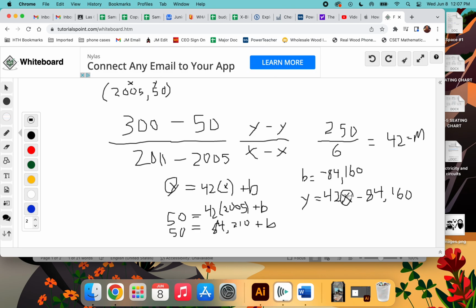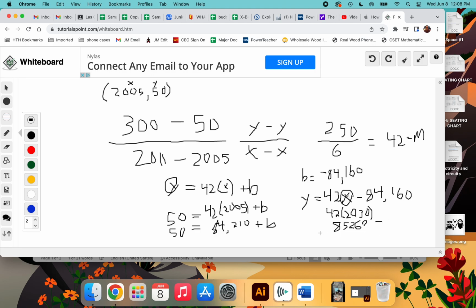Now I can replace that x with any year I want to find the price for. Let's find the price for 2030. I'm going to do 42 times 2030, which is 85,260, and then subtract 84,160, which equals 1,100.